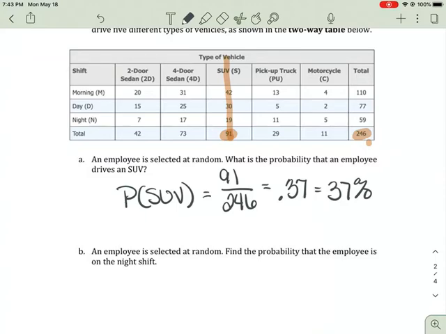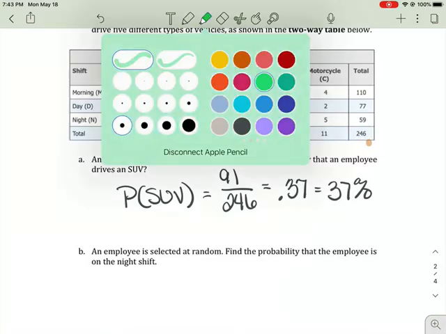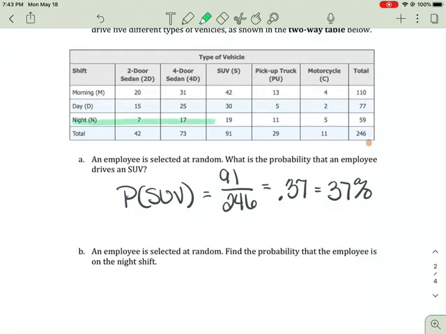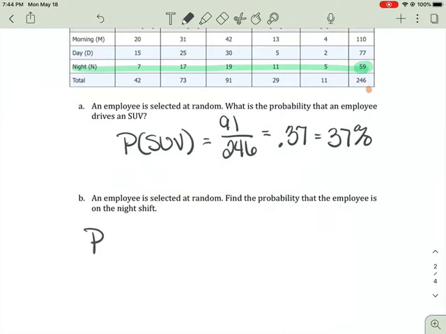So we still have an employee that's selected at random. Find the probability the employee is on the night shift. Okay, so night shift is right here. There it is. And here's our total of night shift, which is 59. So we want the probability of a night shift. Let's do NS there. So we have 59 employees out of our total of 246 employees.